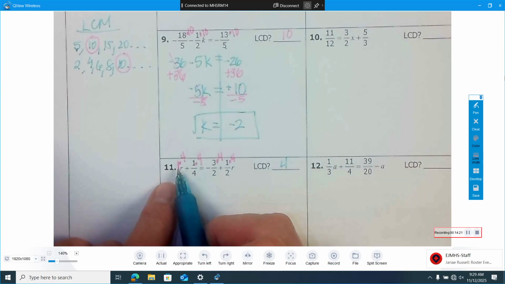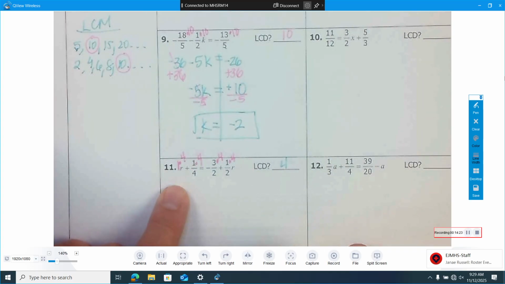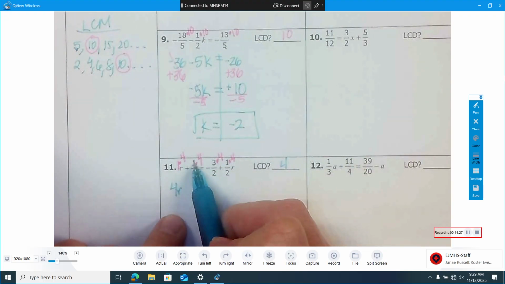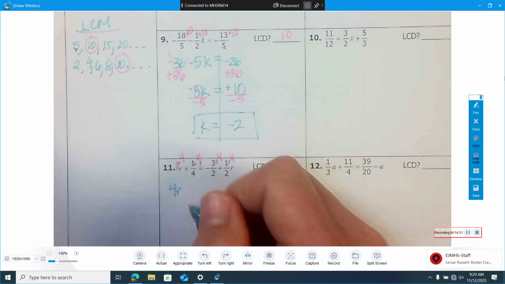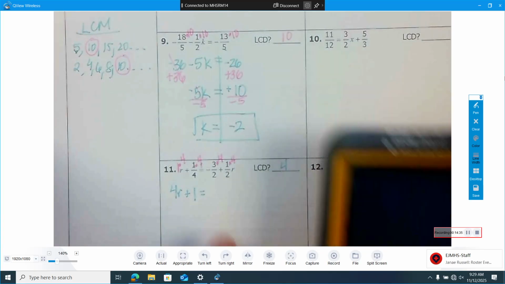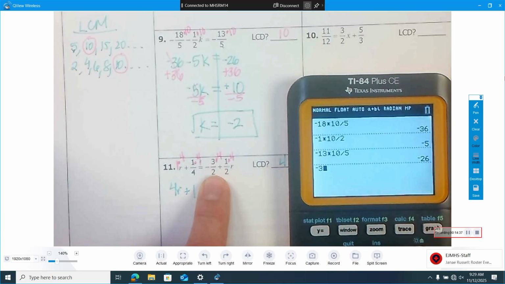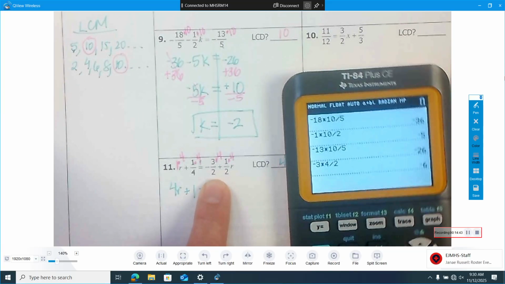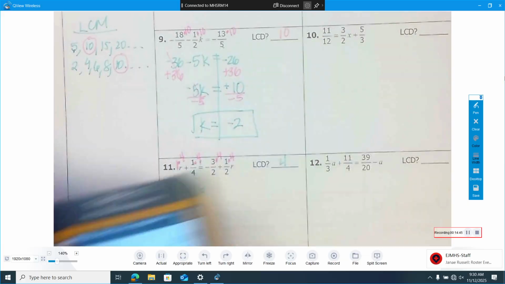So here, 1 times 4r becomes 4r's. Here we have 1 times 4 divided by 4. What's that going to give me? It's just going to give me 1, yeah. Over my right side, I have negative 3 times by 4 divided by 2. 12 divided by 2 is going to give me that negative 6.